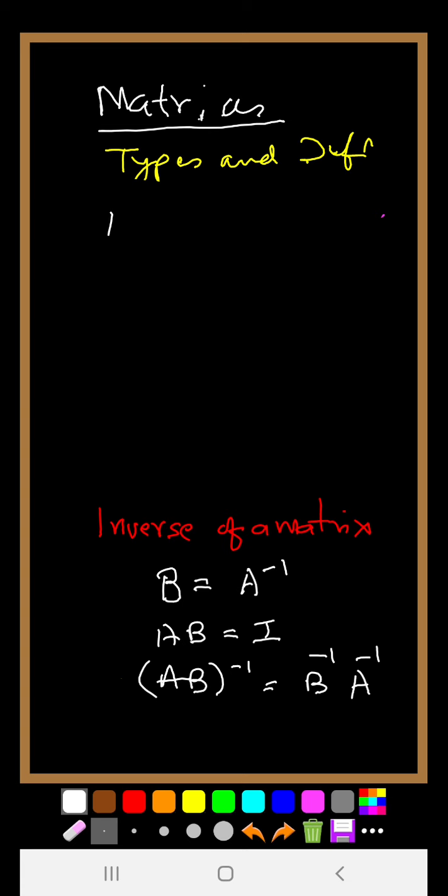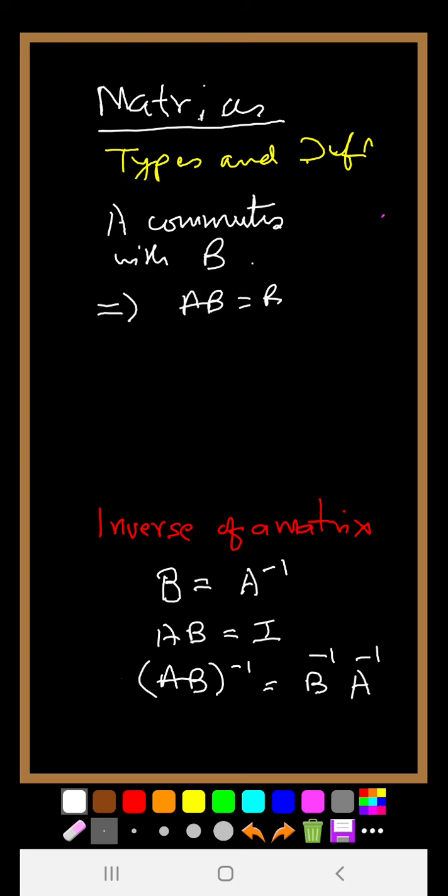If A commutes with B, then it implies that AB is equal to BA.